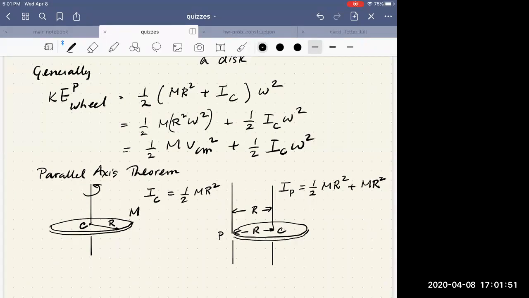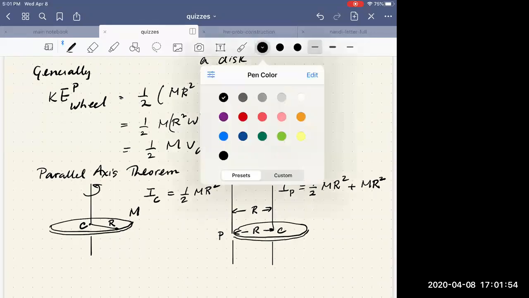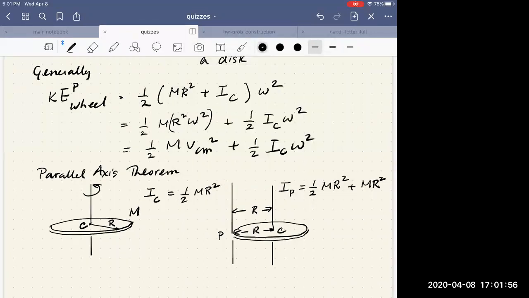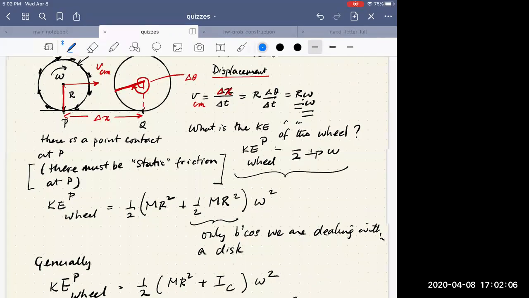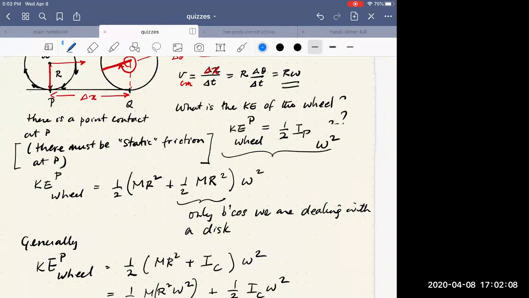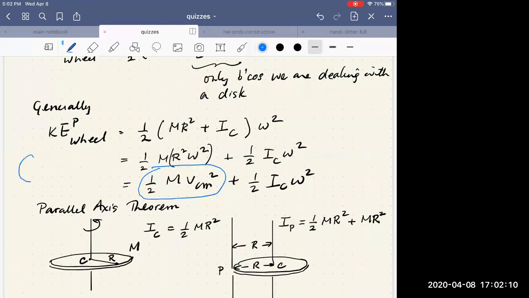The important point here to notice is that the first term describes that the wheel is simply translating forward, and not even turning.